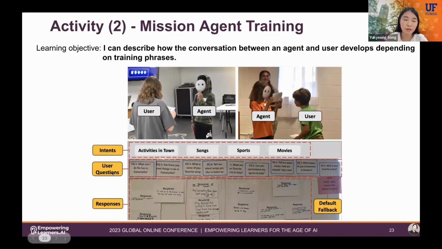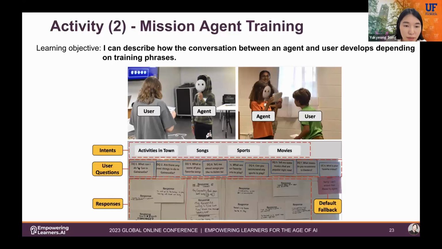In the cards, we have two different kinds: user questions and responses. For the user questions, we gave the user these nine questions to read. And for the responses, the whole audience who did not volunteer for this activity in front of the class wrote the responses.